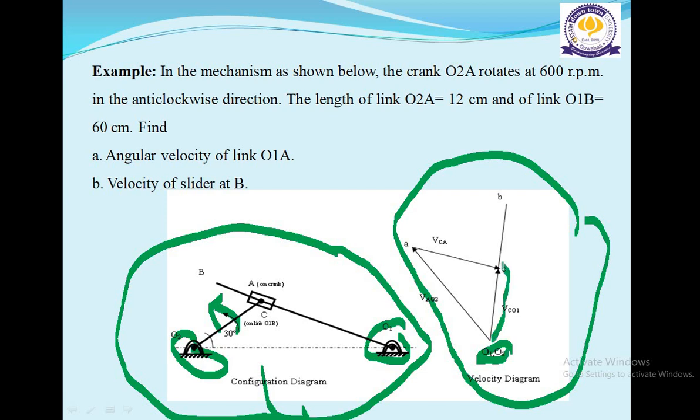So VC with respect to O1 is this vector, and VA with respect to O2 is this vector. Considering this point A on the crank, it has been produced to C, and it is the velocity of C with respect to A.